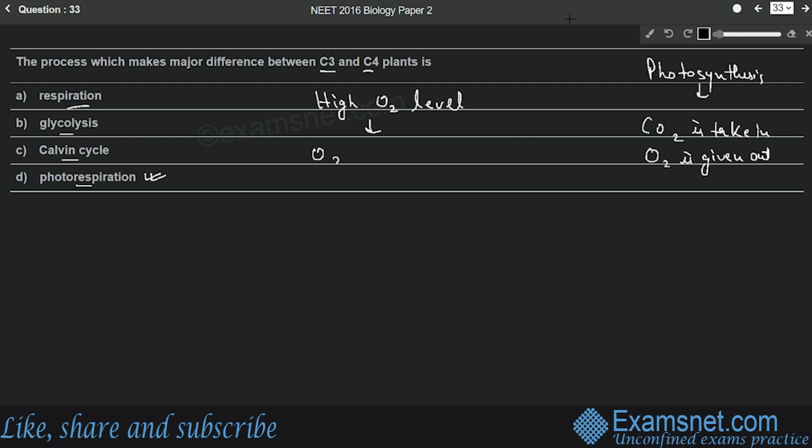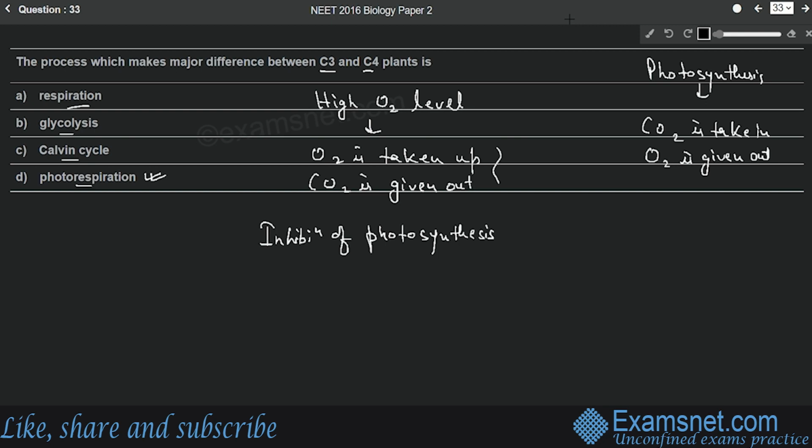Okay, so oxygen is taken up by the plants and carbon dioxide is given out. So this is just the contrary of the photosynthesis, right? So it inhibits the photosynthesis. So inhibition of photosynthesis takes place due to increased level of oxygen, and this is known as photorespiration.